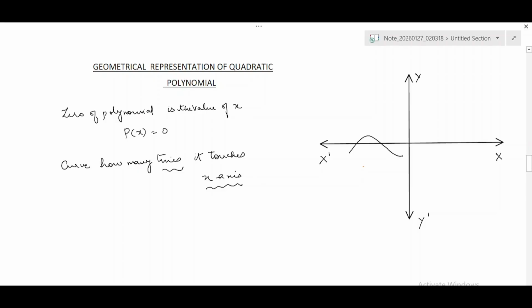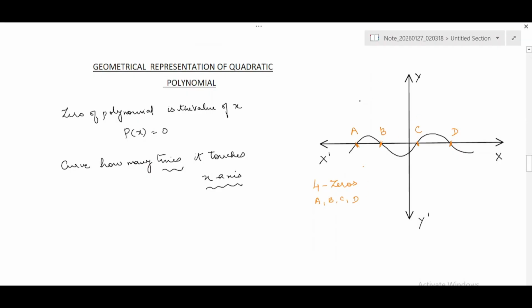If there is a curve like this, we see at how many places the curve touches the x-axis. The curve touches at point A, second point B, third point C, fourth point D. So there are 4 zeros: A, B, C and D.